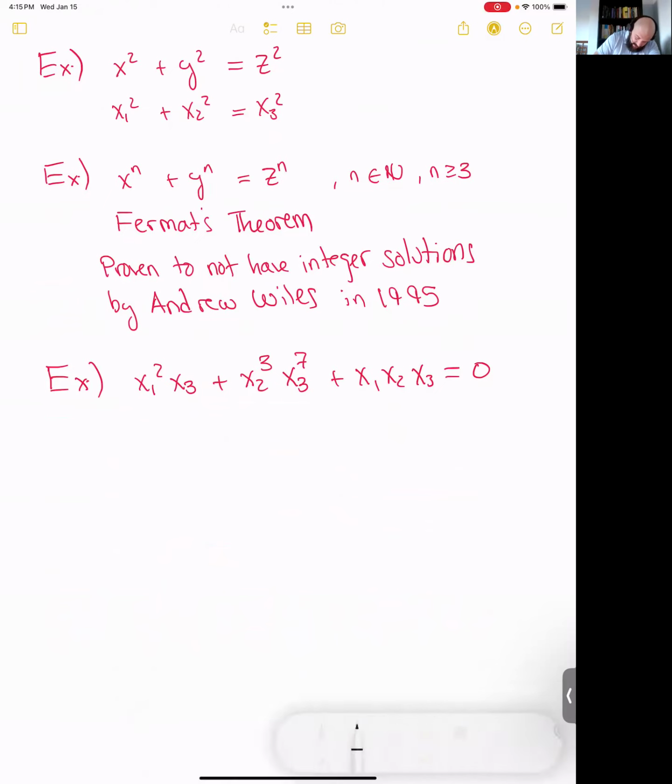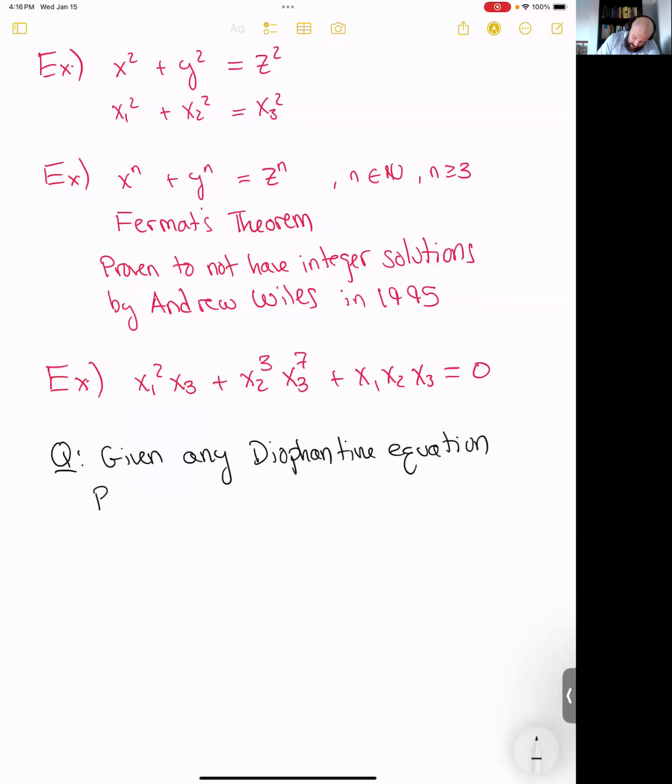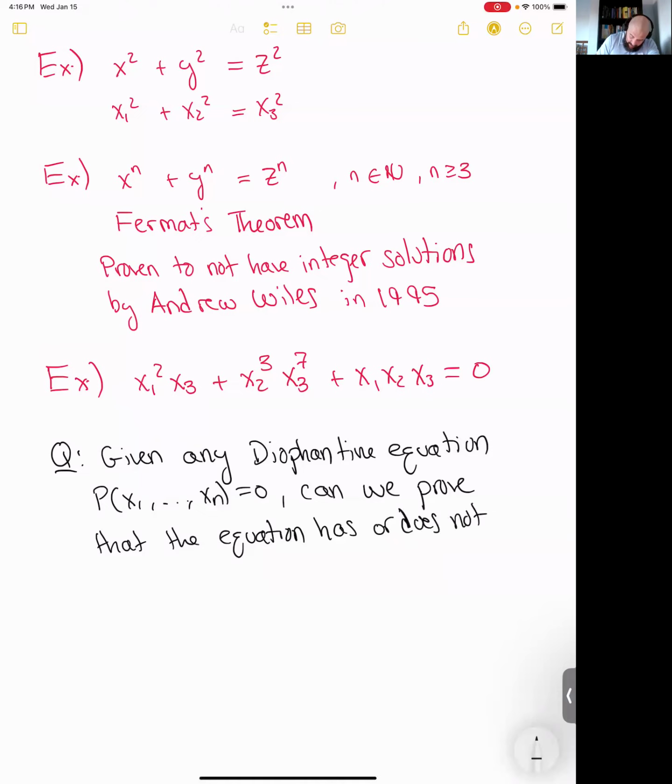Now the question we can ask for any Diophantine equation, so given any Diophantine equation, P of x1 through xn equals 0, we can ask, can we prove that the equation has or does not have a solution?